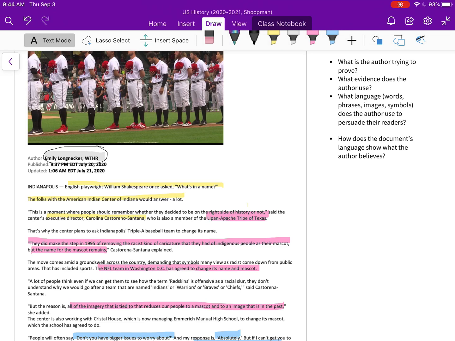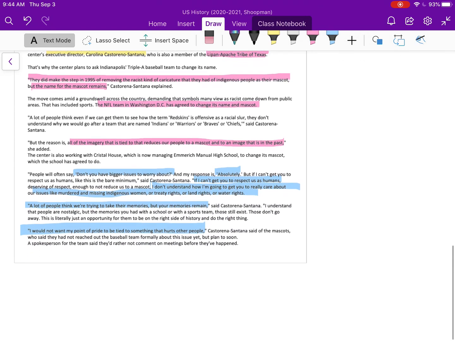The next thing I want to look at are the language or writing skills used to persuade the audience. And I highlighted those in blue. So when I'm looking for writing skills or language that's being used to change someone's mind, I am thinking very specifically not just about the literal word, but what the words or phrases make people feel.